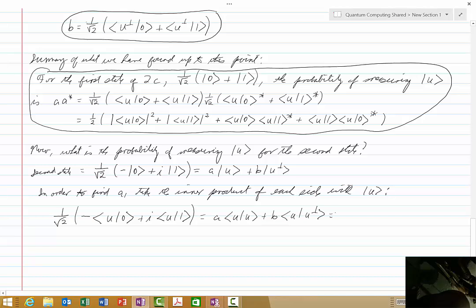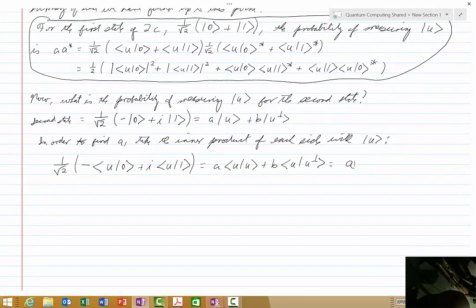And as we've seen a couple of times, we know immediately that that is simply equal to A. So in this second case, A is equal to 1 over the square root of 2 times minus the inner product of U with 0 plus I times the inner product of U with 1.